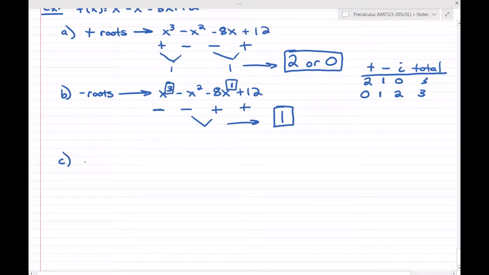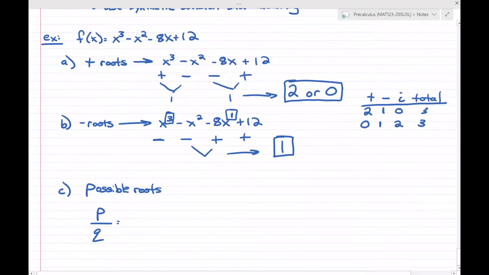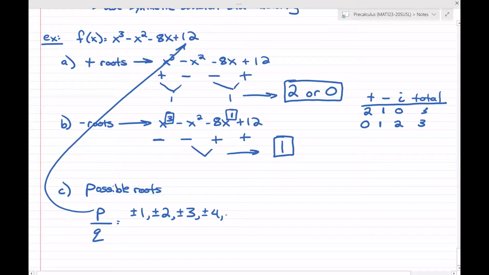For our third step, we're going to list the possible roots by writing P over Q, and P is going to represent factors of 12. So I know 1 goes into 12, 2 goes into 12, 3 goes into 12, 4 goes into 12, 6 goes into 12, and 12 goes into 12, over factors of 1. 1 is our leading coefficient.